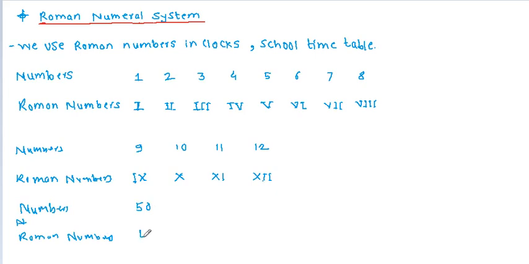We don't need to remember a direct symbol for 13, but we can calculate it by using these numbers. The next symbol we have in Roman numbers is for 50, which is written as capital L.